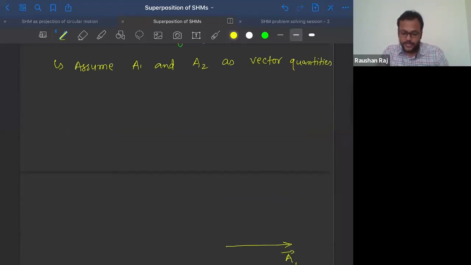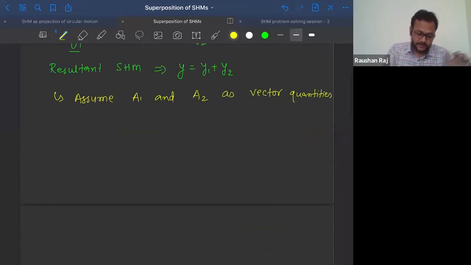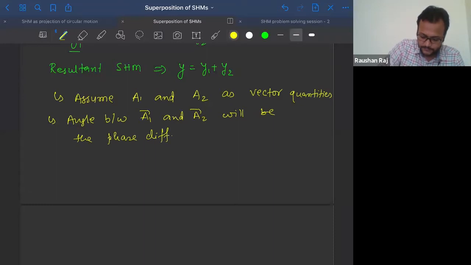For that we should know the angle between a1 and a2 so that I can draw a2. So for that we consider the angle between a1 and a2 as the angle between y1 and y2.